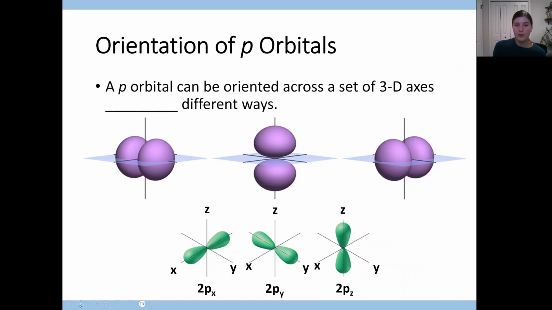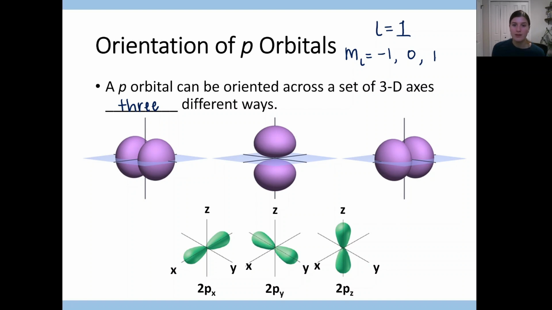So a p orbital can be oriented across a set of 3D axes 3 different ways. Remember, a p orbital, L equals 1. So if we think about what ml can equal, this can equal negative L to positive L. So it could equal -1, 0, or 1.